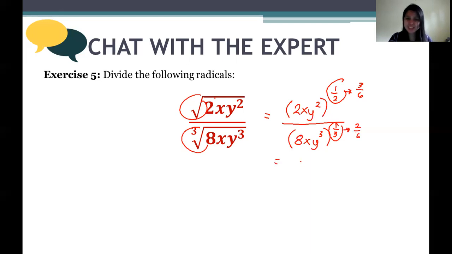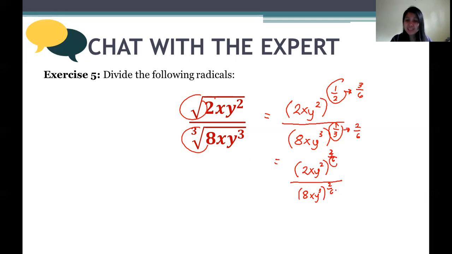Now, let's write it first. 2xy squared to the power of 2 over 6 over 8xy cubed to the power of 2 over 6. Oops, sorry, on top is 3 over 6.